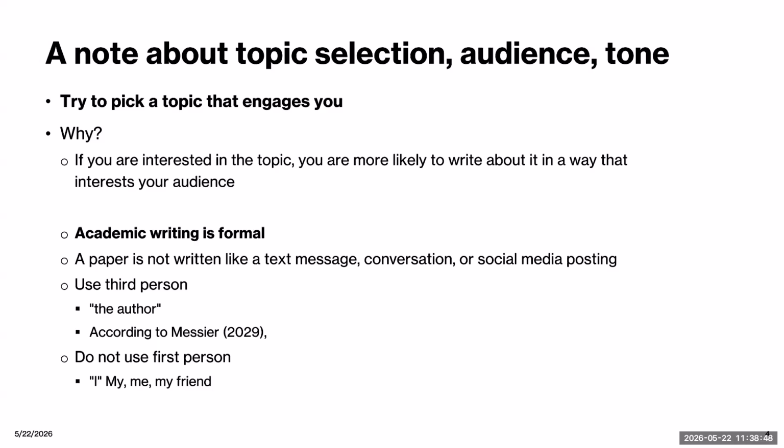Your professor is going to want you to write in third person using they, the author, according to the name of the author. Please do not use first person: I, me, my friend, our, us. You are the observer, and you want to avoid using first person for an academic paper.